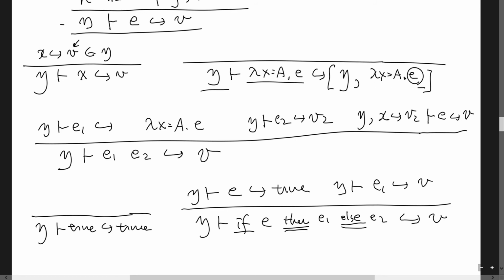Now, we always return this environment along with this lambda abstraction. So we pair them up. And this pair is called closure.